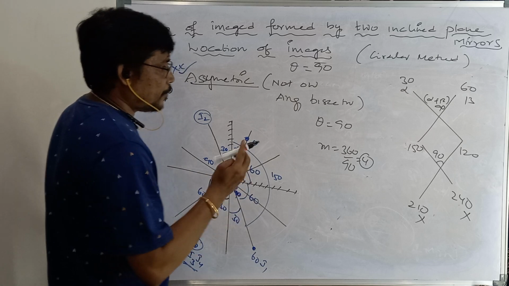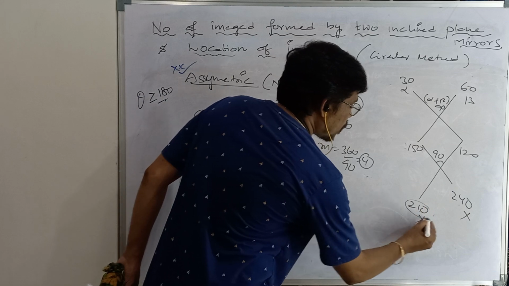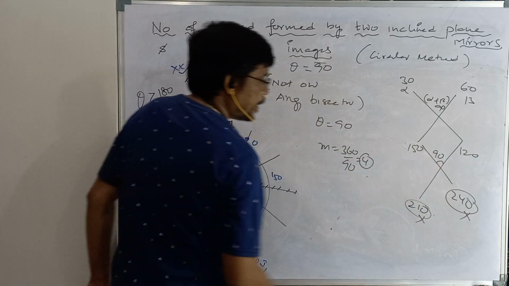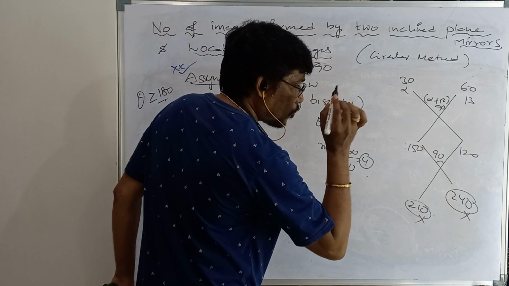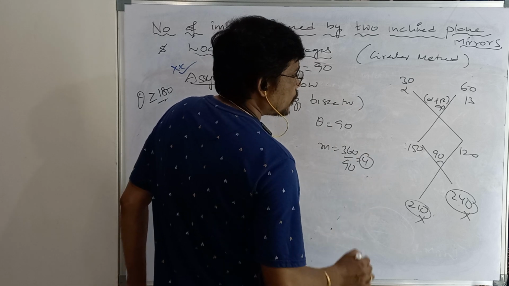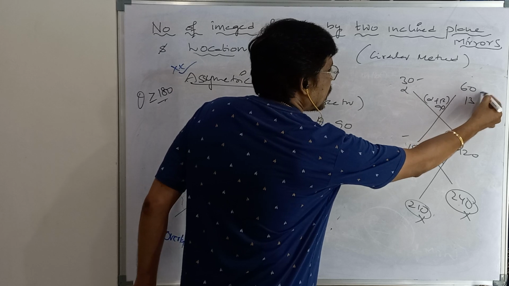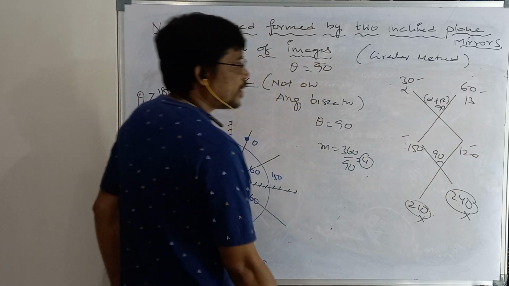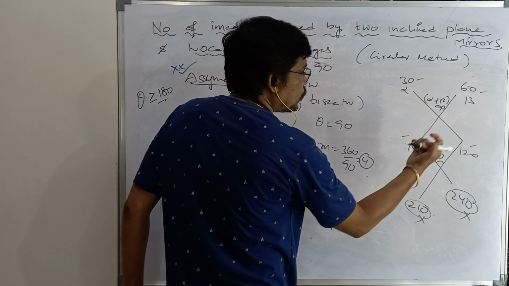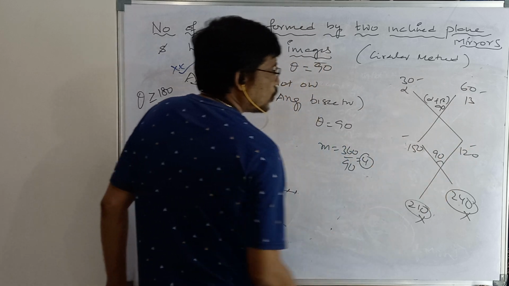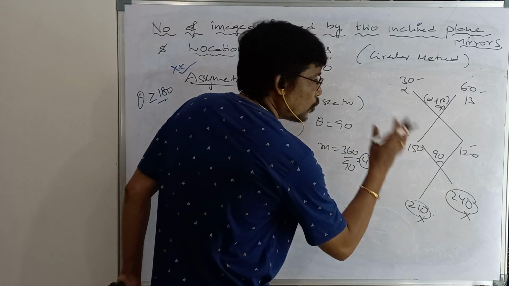So that means no images are found when the angle is greater than 180. And one more thing you have to check: 1, 2, 3, 4. So in this case, 4 images are coming.